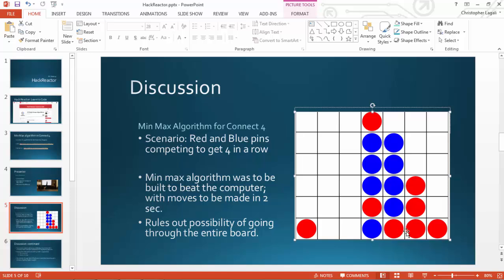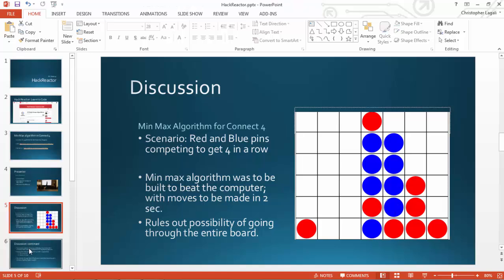Now, these squares have some kind of weights on them, so the computer will by default go for the dot that has the highest weight, and then it will keep putting its dots wherever it feels the weight will go higher with each turn. So we had to design a function that would place blue dots to counter it and have the highest score or get four in a row. That's how the min-max algorithm works.